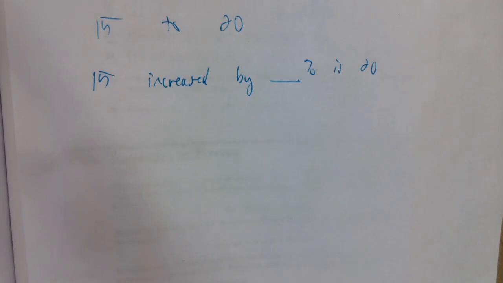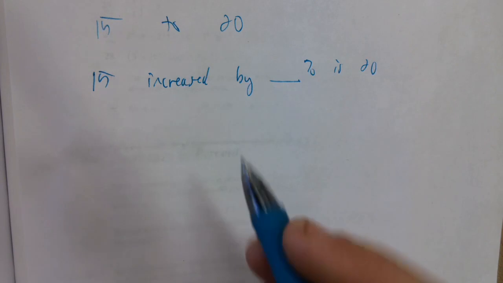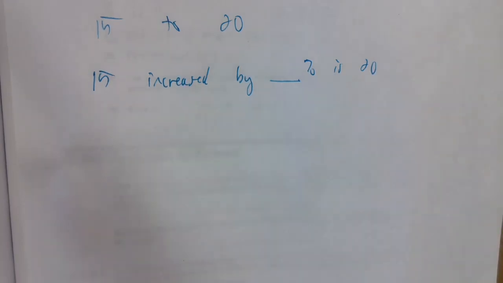This can be kind of confusing for students because they don't know, are they going to do work with the 15 or with the 20 or both, and then what order? That has to do with a misunderstanding of percents and also grammatical arguments. But 15 is increased by a percentage to get 20.